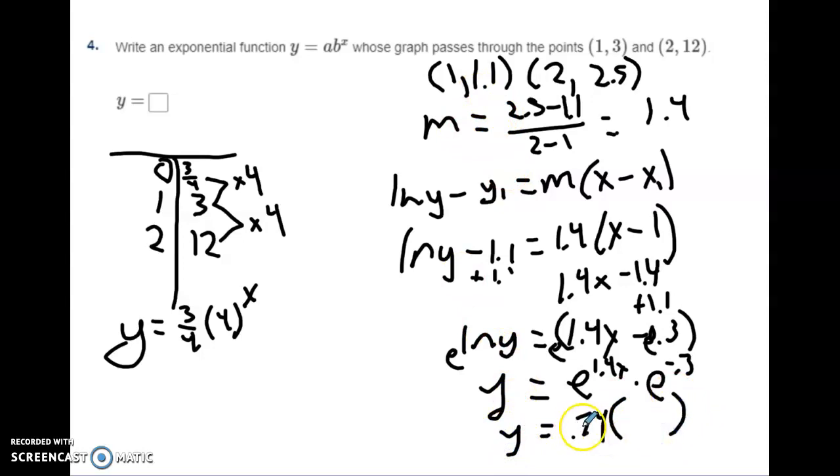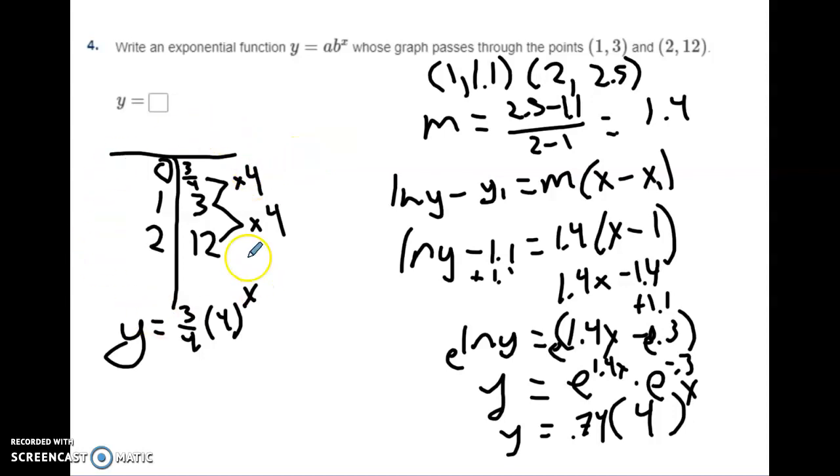So that's going to be our A value, 0.74, and then we can figure out what e to the 1.4 is, and that is 4.055, or we round that to a 4 to the x power. So notice we got the same thing, 0.74 times 4 to the x. This would really be 0.75, or close enough. Okay, so you decide which way you want to use.